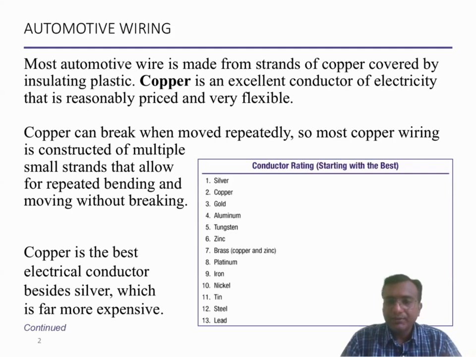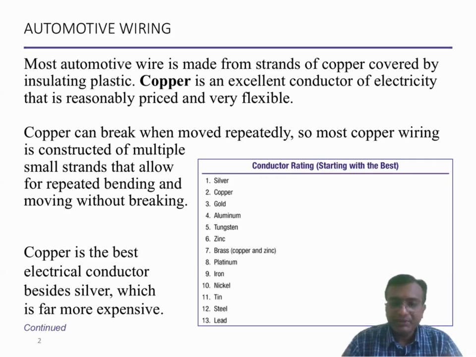Now, in automotive wiring, we use copper as the material for the wires. As I have told you earlier, copper is an excellent electrical conductor as compared to other materials, and copper is also reasonably priced.